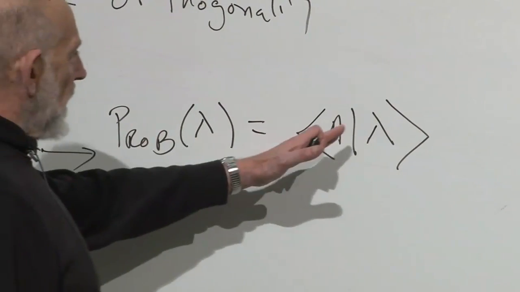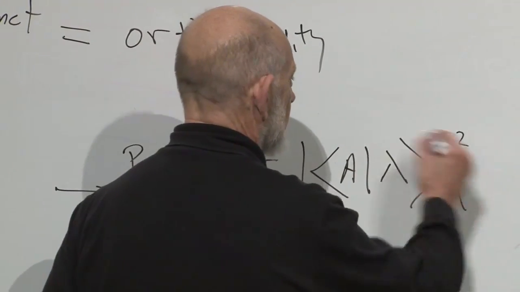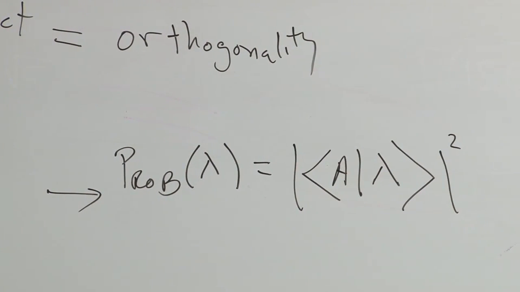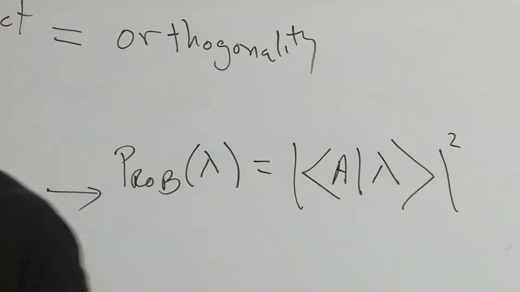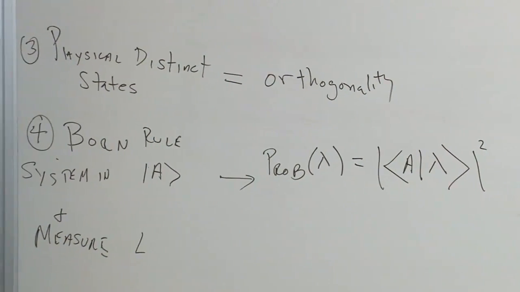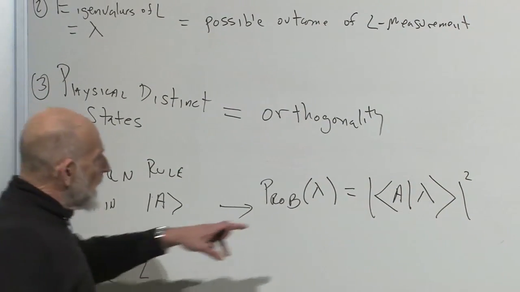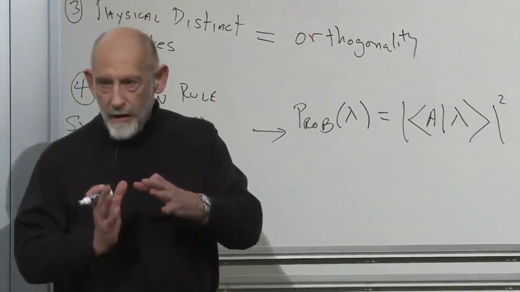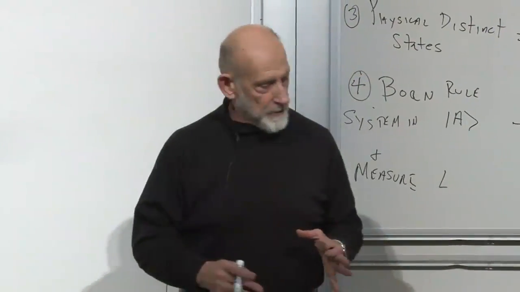The inner product of A with lambda, squared. Sometimes incidentally the inner product is called the overlap. It's a measure, if we said that orthogonality is complete distinguishability, unique and complete distinguishability, then a lack of orthogonality represents to some extent the inability to make the clear distinction between two states.